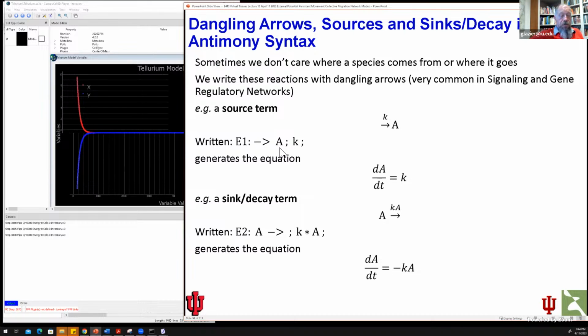This creates a molecule from nothing at a fixed rate. I can have a decay. A goes to nothing at a rate K times A. So you do everything just the way you'd write the arrows.